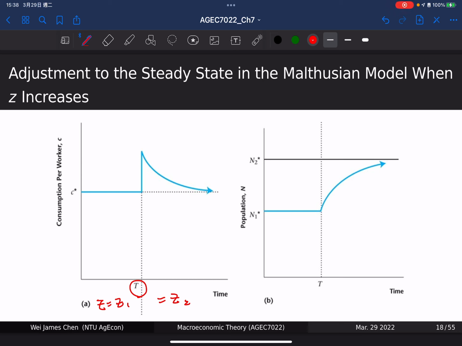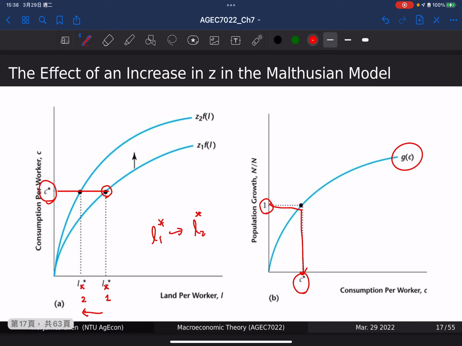The c will have a jump, because at this period when the land per worker is still L1 star, the consumption per worker actually will go up, right?